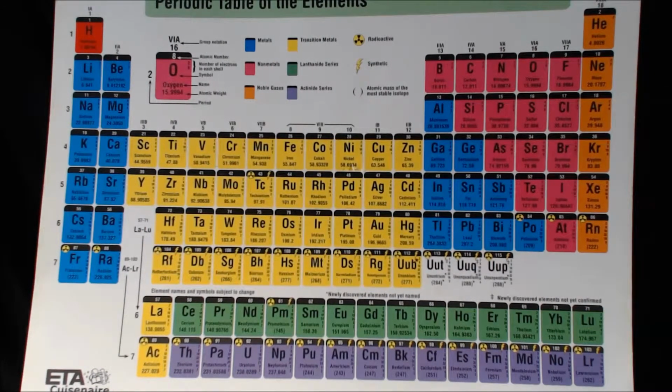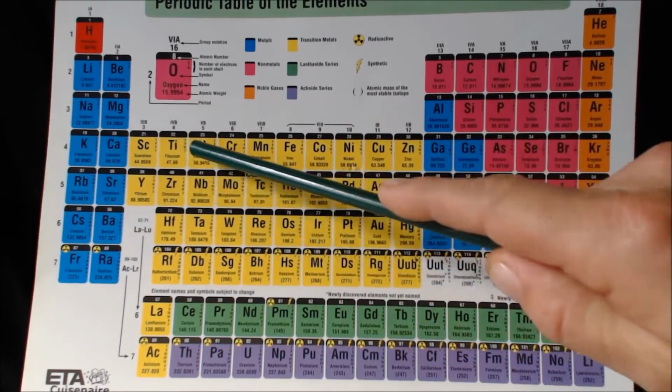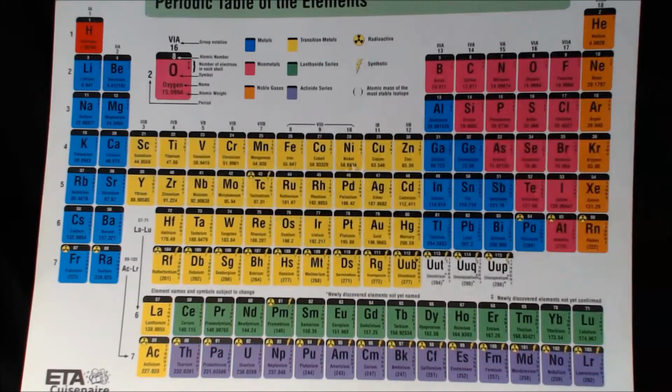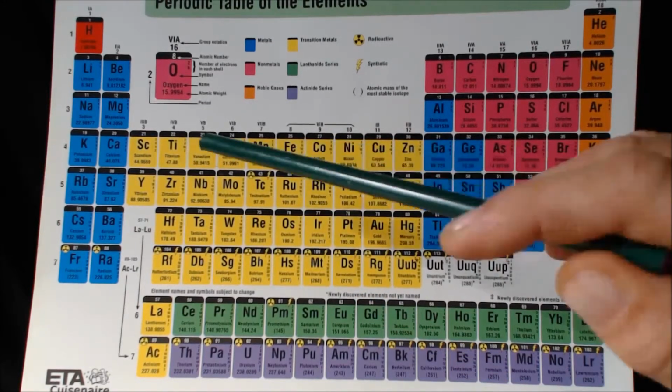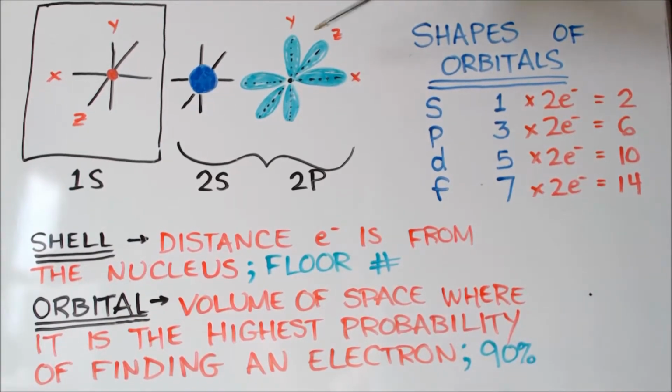Now this is where things get weird, and I'm not going to go into it too much, but the d orbitals are really freaky. For one thing, even though you're on shell 4 here, these s orbitals are in shell 4, but these d orbitals are in shell 3. The reason why the d orbitals are on a lower floor or lower shell is because look at these s orbitals.